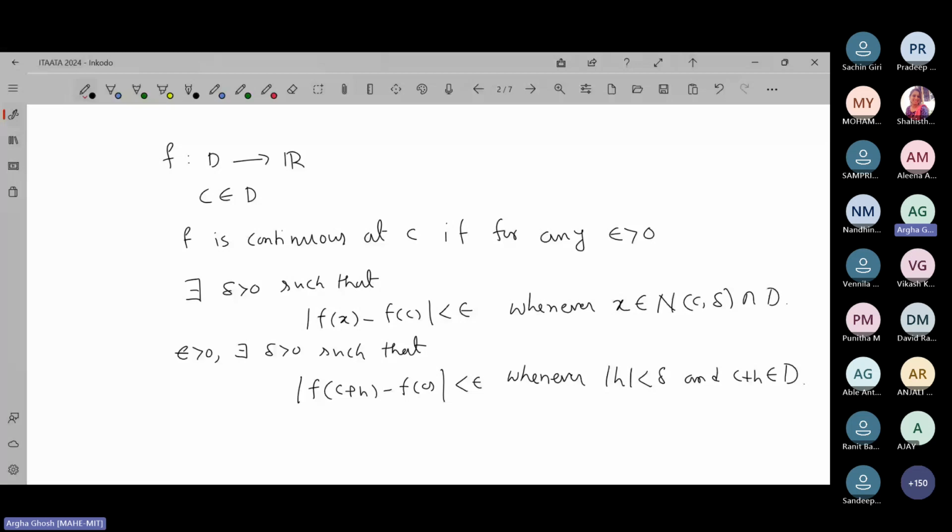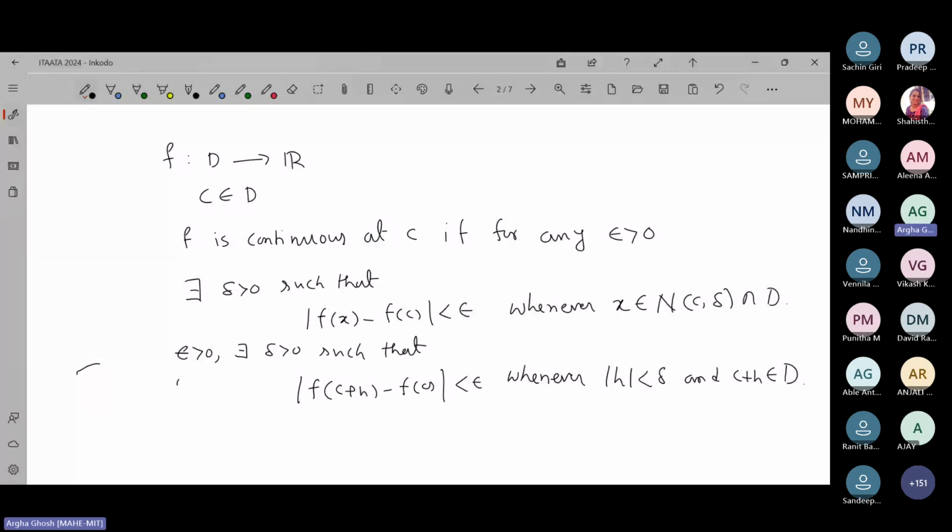So this is another way to say f is continuous at c: for any epsilon greater than 0, depending on the choice of epsilon, there will exist a delta greater than 0, such that the difference |f(c+h) - f(c)| is less than epsilon whenever |h| is less than delta.